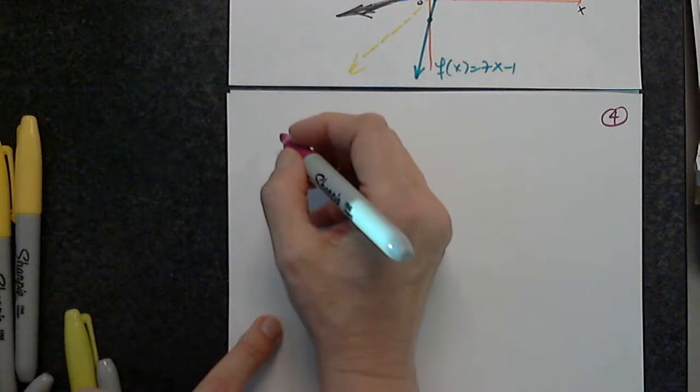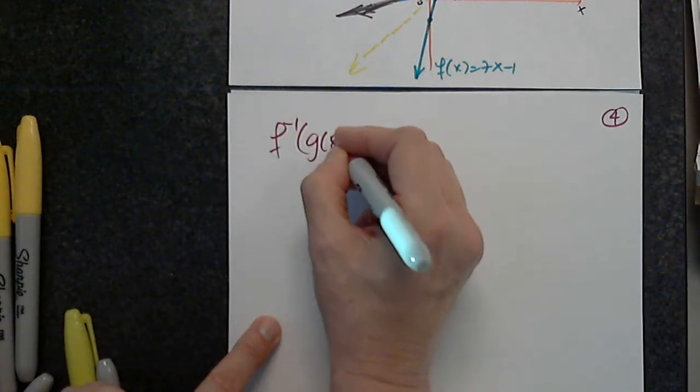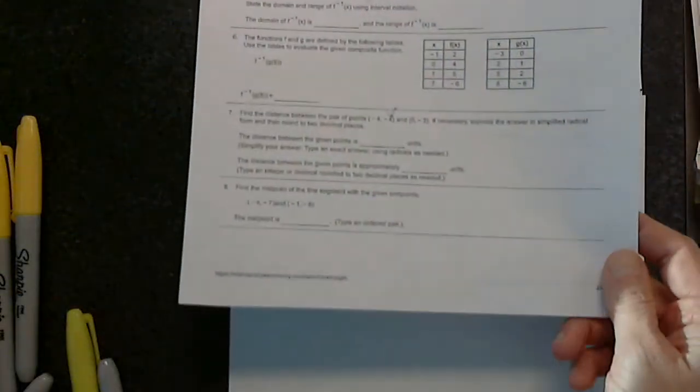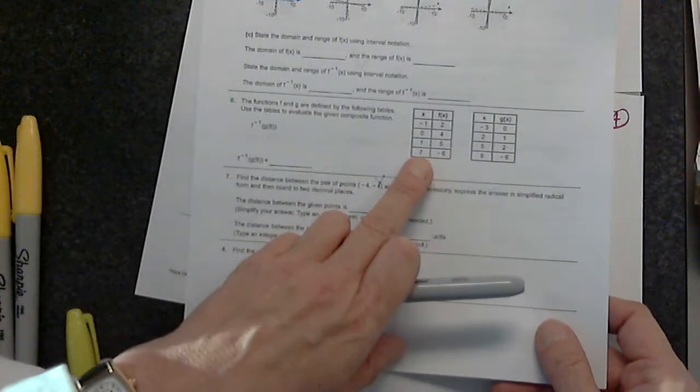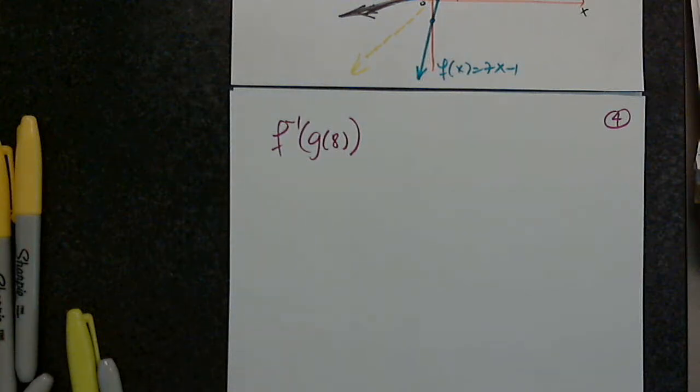So here we are given two tables, and we are asked to find F inverse of G of 8. So we're given this information, and we're asked to find F inverse of G of 8. Where do I start? Where's the starting point? Awesome.